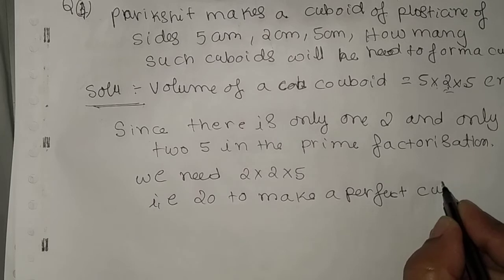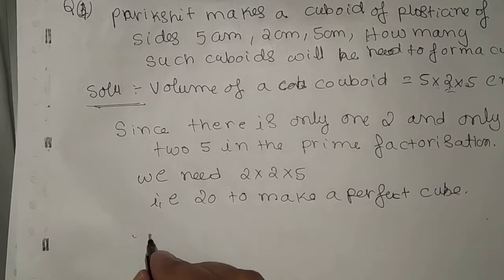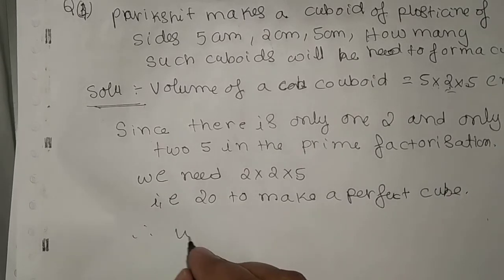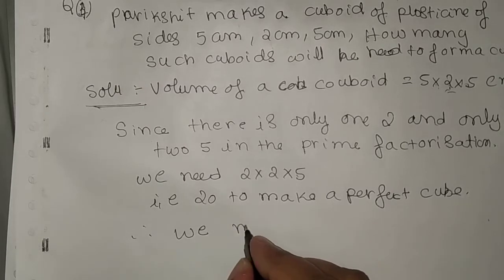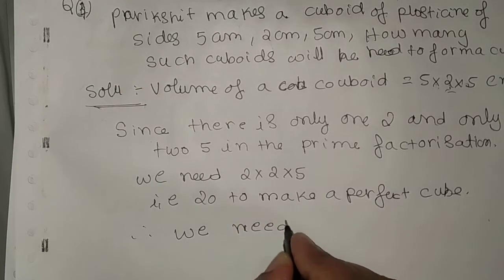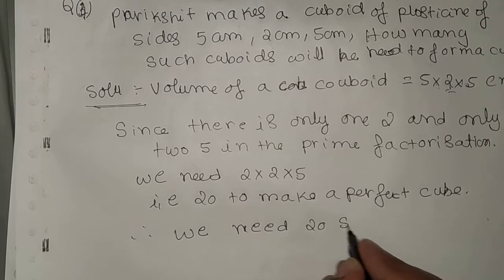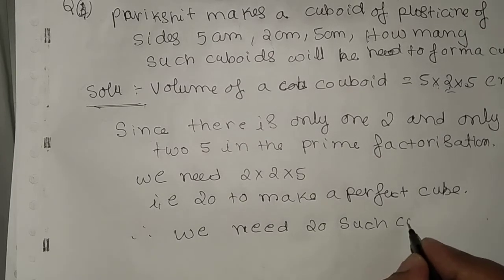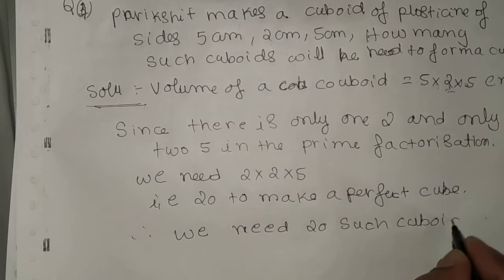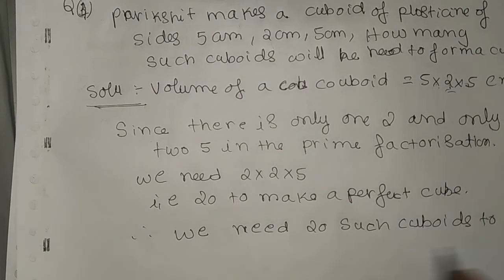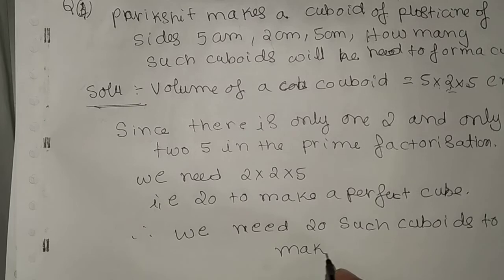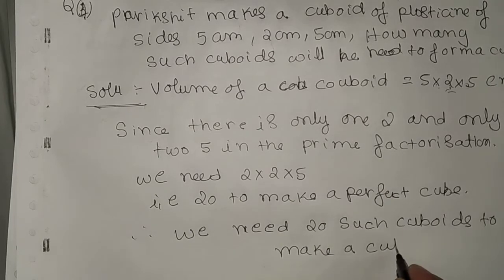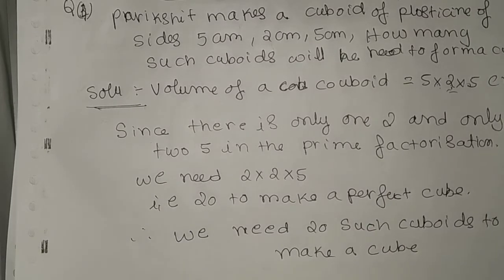So what is the final step? Therefore Parikshit needs 20 such cuboids to make a cube. So you understood the question they have given.